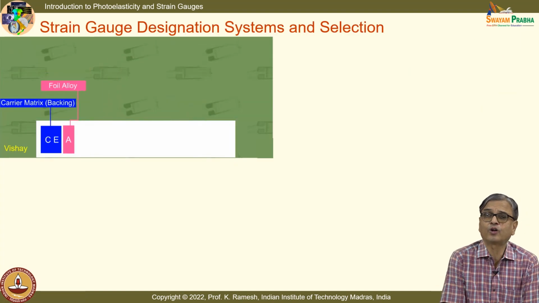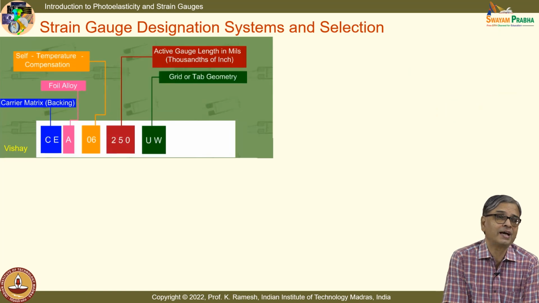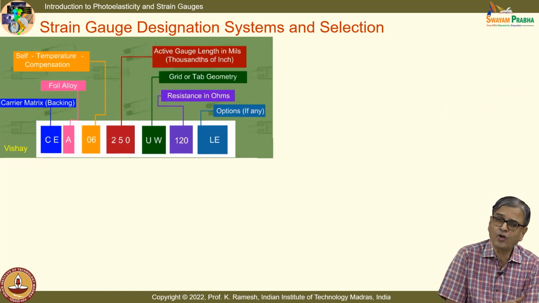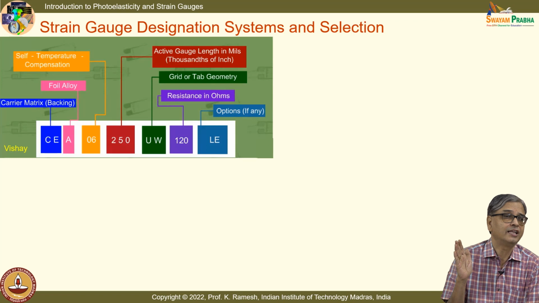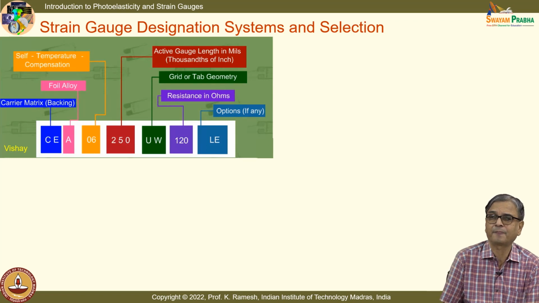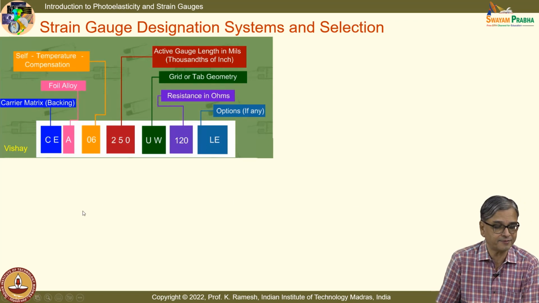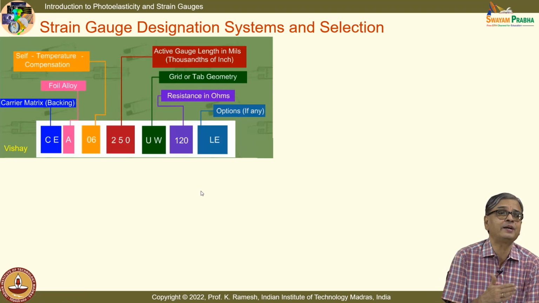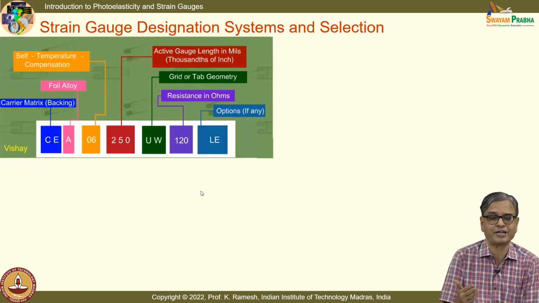Now, if I go to strain gauge manufacturers, they have an elaborate list of strain gauges available. Okay, there is a designation system. I want you to write one of these, because you should know all these parameters need to be selected for a given application.